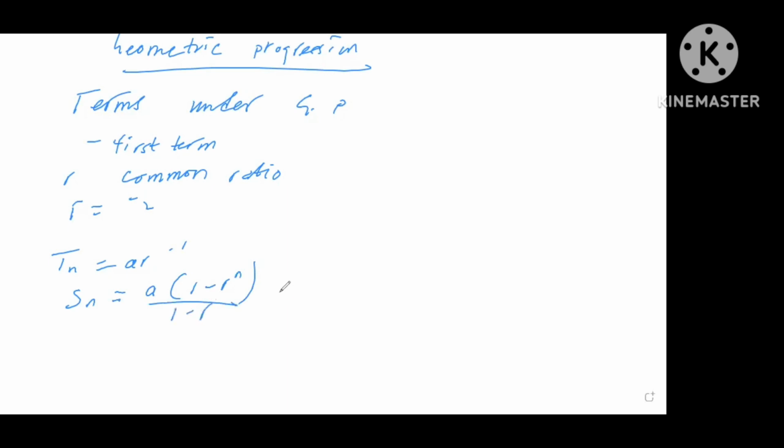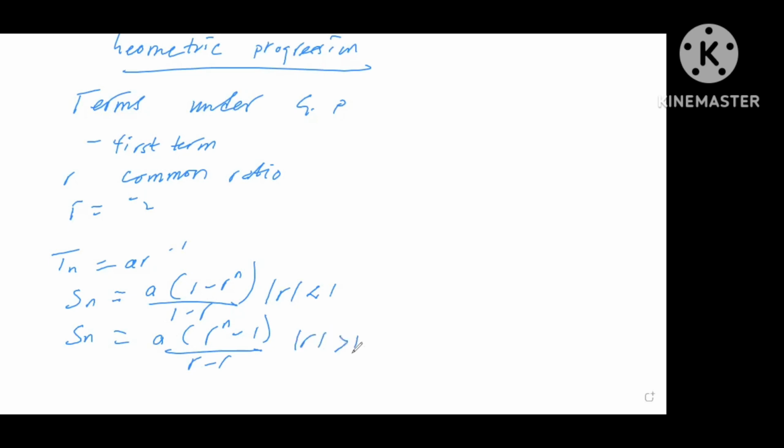This is only convenient when the modulus of r is less than 1. Then we have the other formula, Sn is equal to A, then r to the power n minus 1 over r minus 1. This one is convenient when the modulus of r is greater than 1.